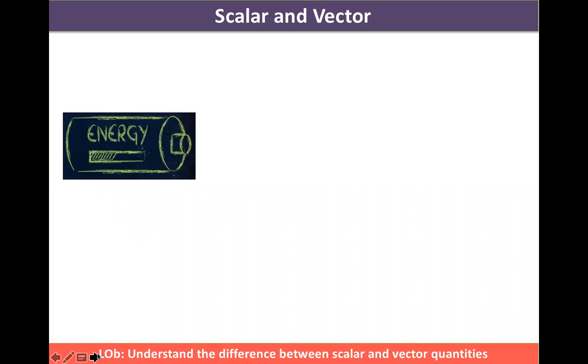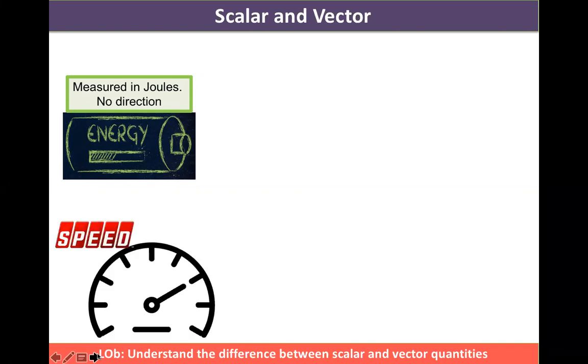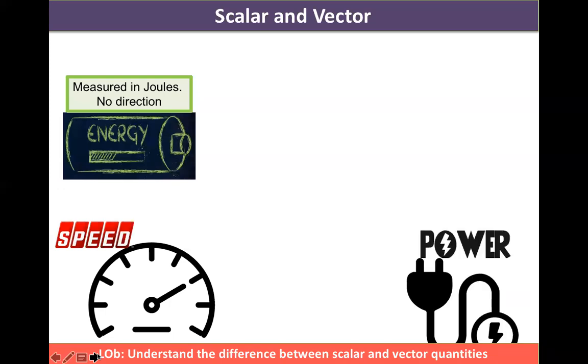For example, energy is measured in joules, but there's no direction. I say this hair dryer gives an output energy of 20 joules, but it's just an amount. Speed, let's say 20 kilometers an hour. No direction, just a magnitude.